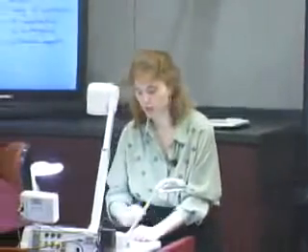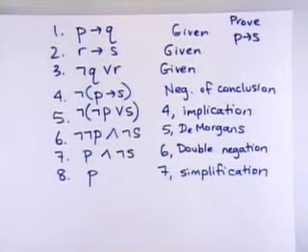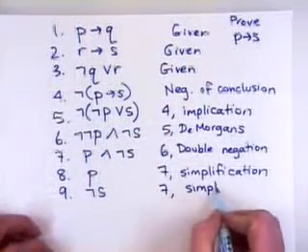Let's write that on line 8: P is true from 7 and simplification. That's the name of the rule that tells me if I have an and, then I can simplify it to each of the variables that got anded together. I can also write not S from line 7 and simplification.